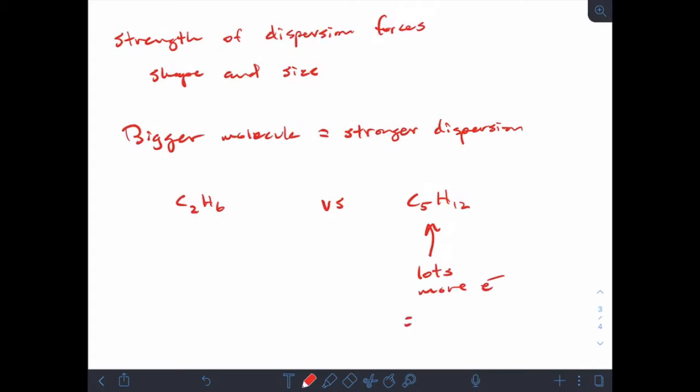Lots more electrons, bigger molar mass equals stronger dispersion. So just having more electrons, a big floppy soft cloud of electrons, will afford greater dispersion forces. So size is a factor.